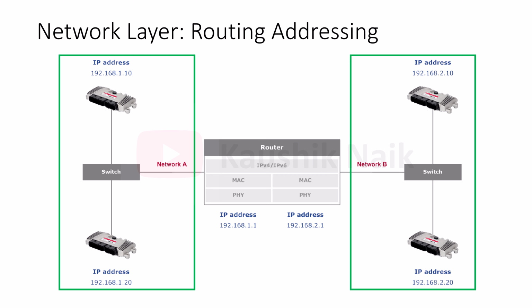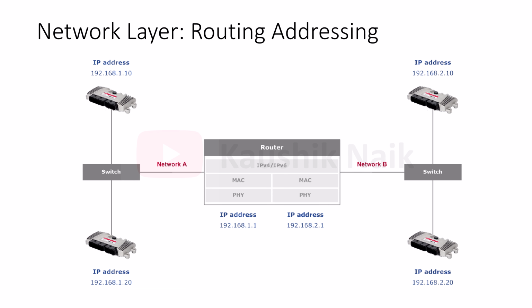So when there is a need for communication between two different networks, they are differentiated using IP addresses, and IP addressing comes into the picture. Let's come back to this example. As you can see, the ECUs in network A and B are of Class C of IPv4 addressing, and ECUs within a network have the same network prefix and are differentiated with different interface IDs.